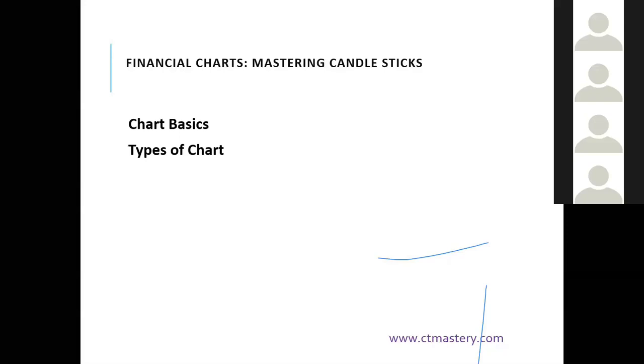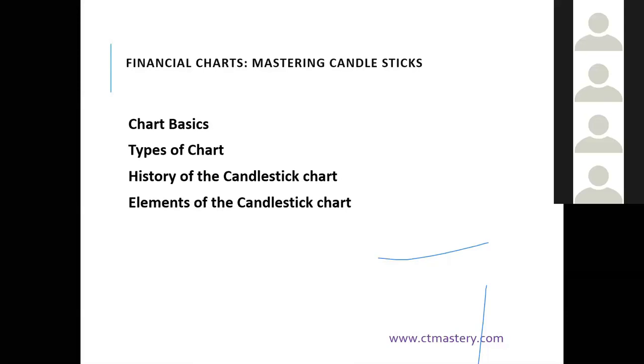We want to look at types of charts. Then we'll look at the history of the candlestick chart. Then we'll look at elements of the candlestick chart. Then we'll look at bulls and bears. You have to understand these topics are somehow intertwined. So if you're talking about candlestick patterns, it's good you understand support and resistance.